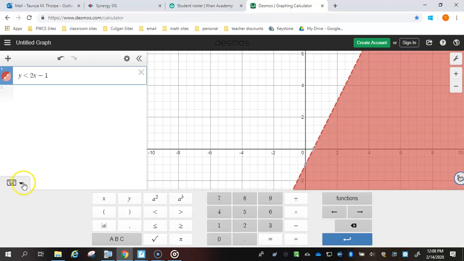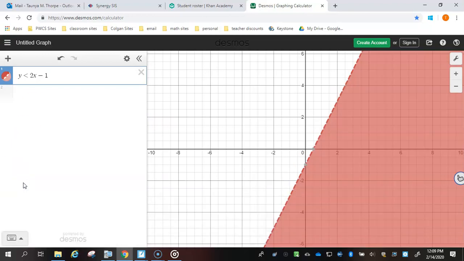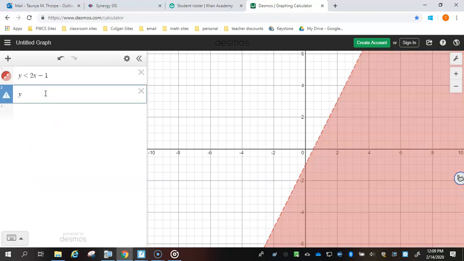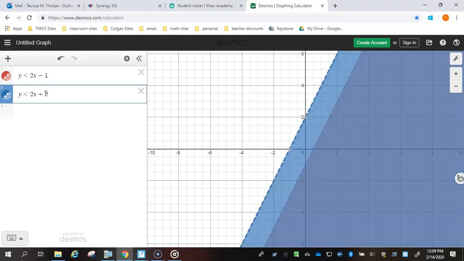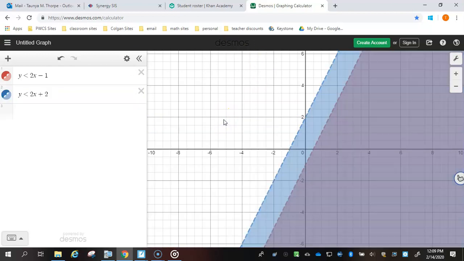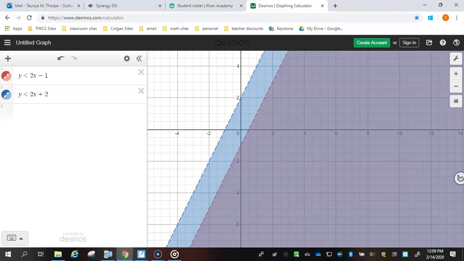With Desmos, it graphs your inequality for you automatically. In this case, I can see that everything over here would be my solution area, because that's where they overlap. Questions on that?